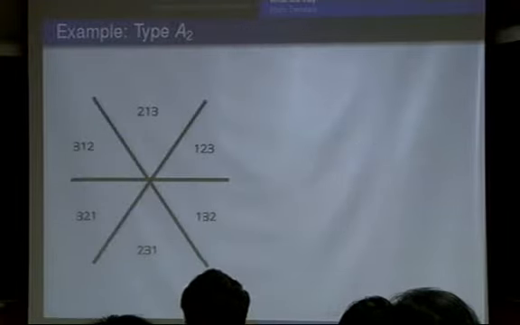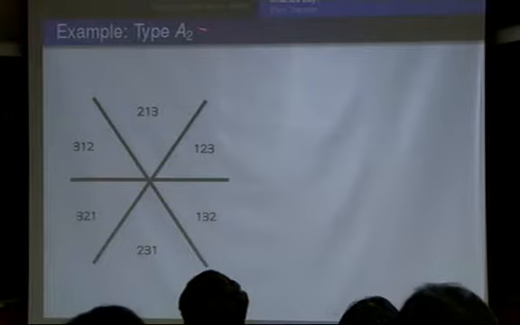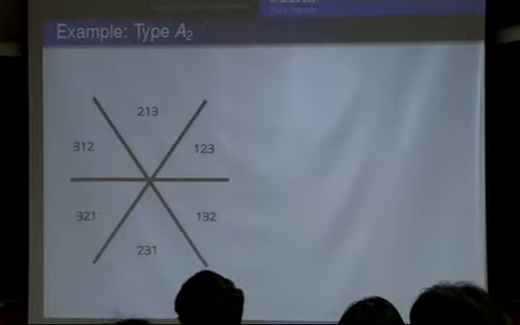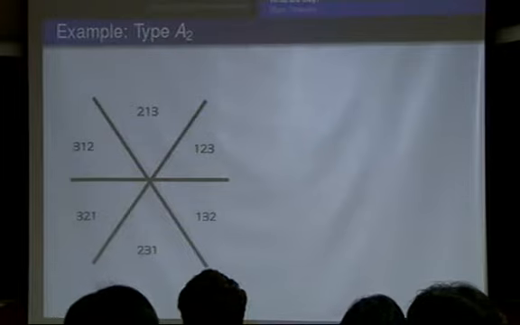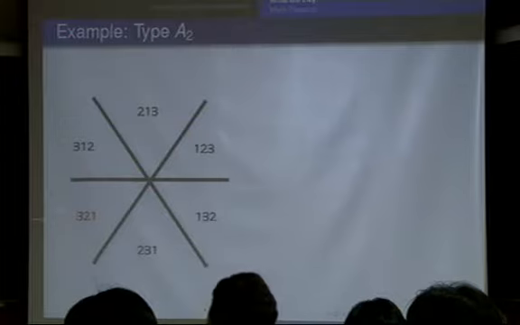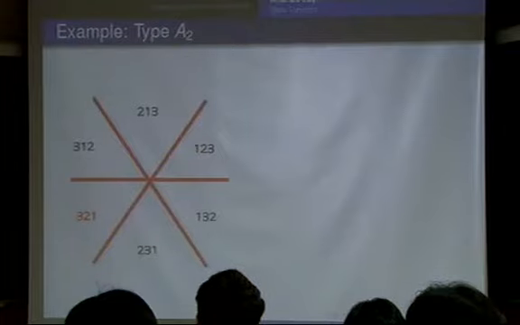Okay, here's an example. For type A2, the Weyl group is S3, the permutation group that permutes 3 elements. And this is the root hyperplane arrangement. I labeled each region with the elements of the permutation group. If we take the longest element 3 2 1, every hyperplane is an inversion hyperplane of this element.